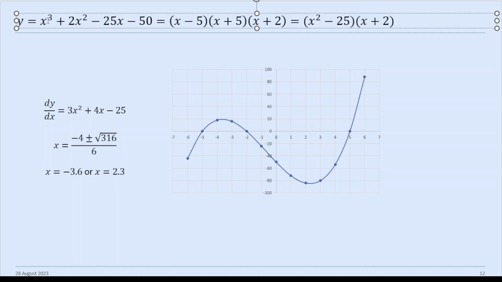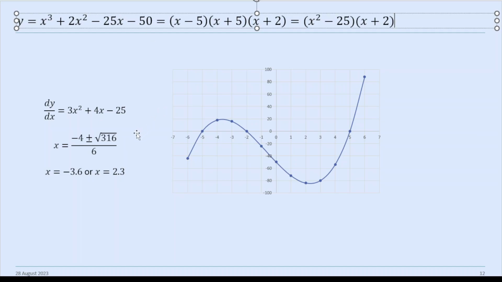So it's just x cubed. Clearly, if x is 100, this is positive 1,000,000, and if x is minus 100, this is negative 1,000,000. So as x becomes very negative, x cubed becomes very, very negative. So it's going down here and up there, and it's touching the axis here and here, and the y-intercept is minus 50. There it is, minus 50 for the y-intercept.